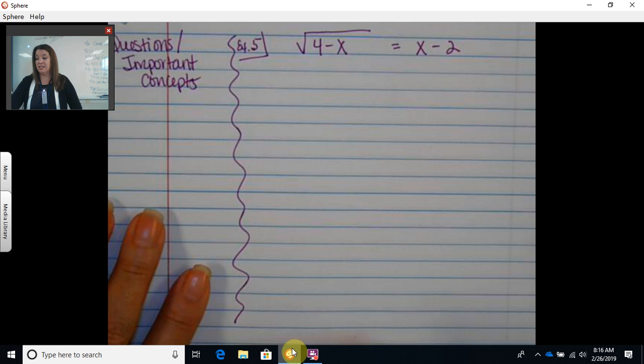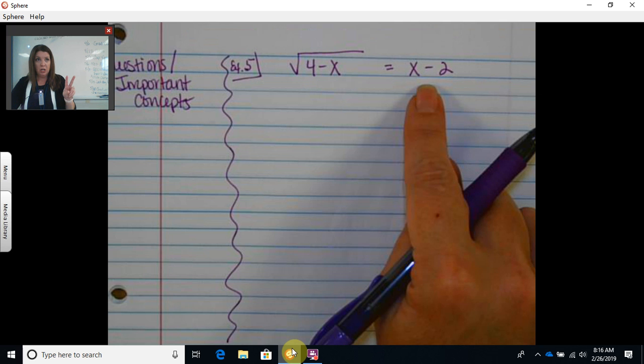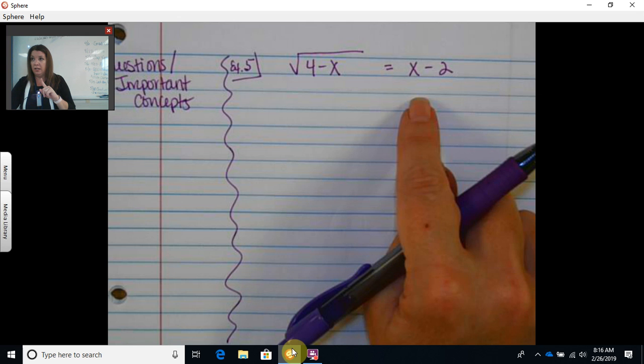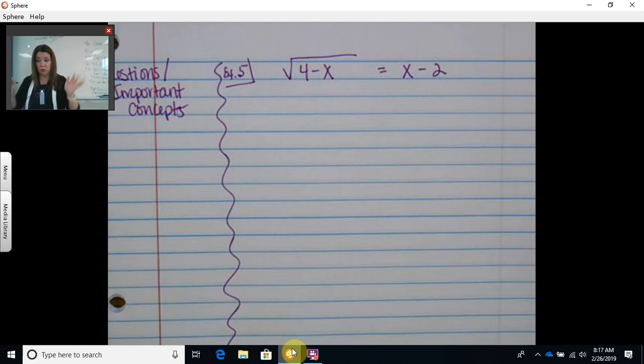Square both sides. Now on the right side, you have 2 terms. You don't want to just do x squared and negative 2 squared. You're going to square the whole thing together. So it's going to be x minus 2 quantity squared.